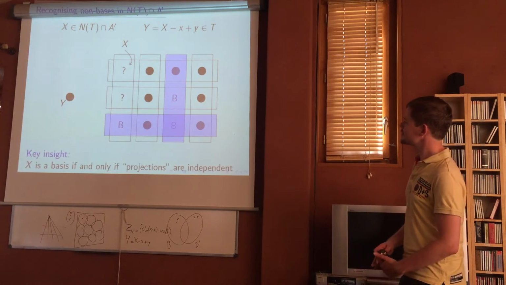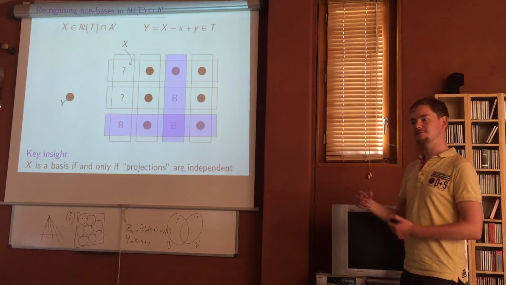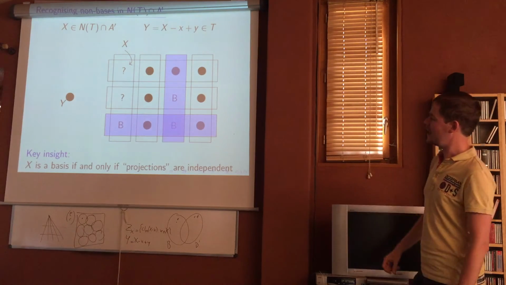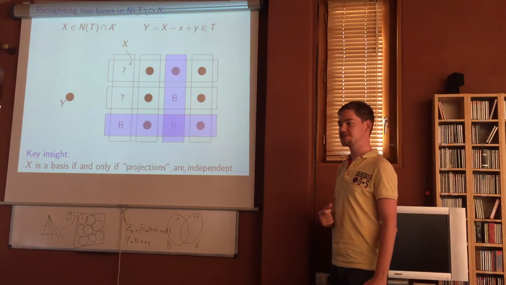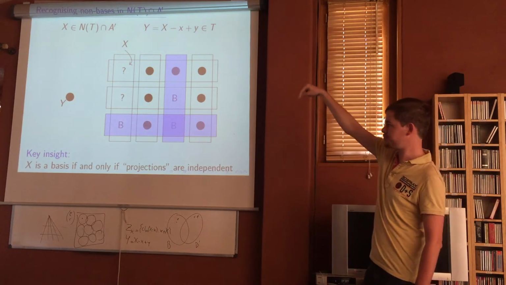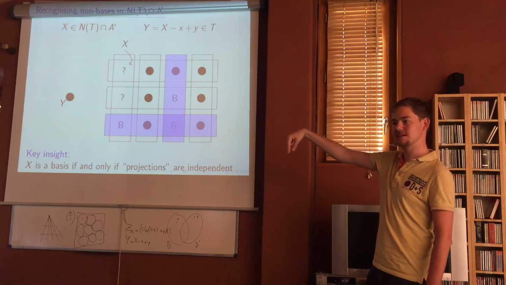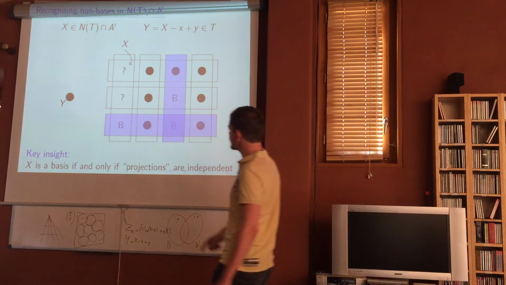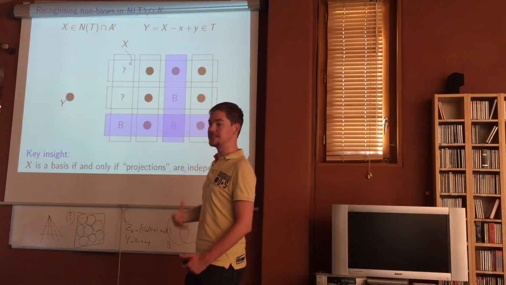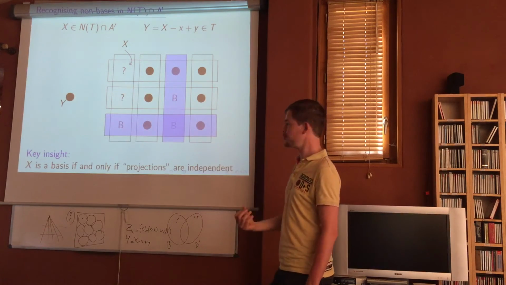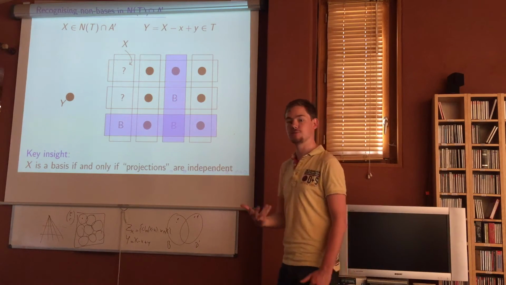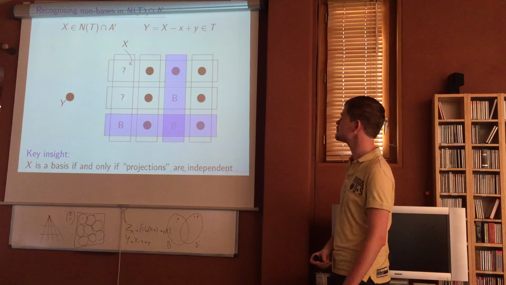But then we can use the idea of projecting to this row and this column and using the block structure that we've seen before. In particular, for the vertex X, if you project down, it meets a basis. For this one, if you project to the right, it meets a non-basis. So in particular, we know that X cannot be a basis, so it has to be a non-basis, and we have some more information.